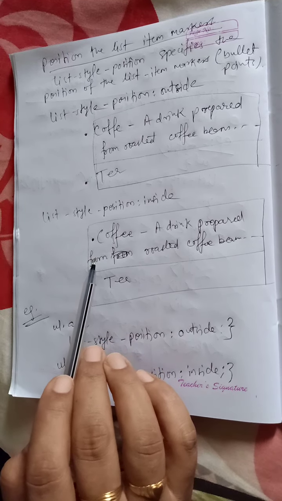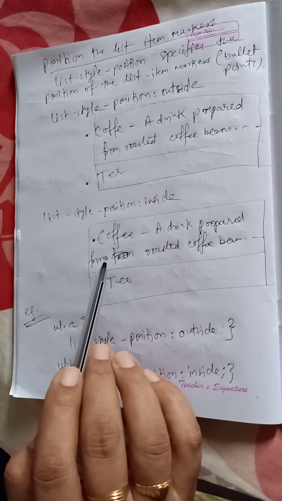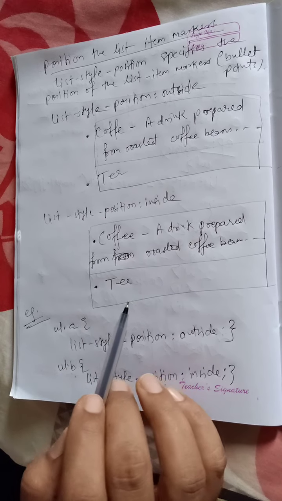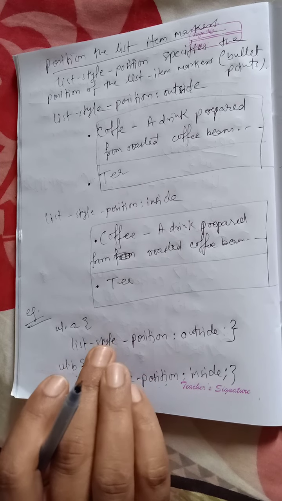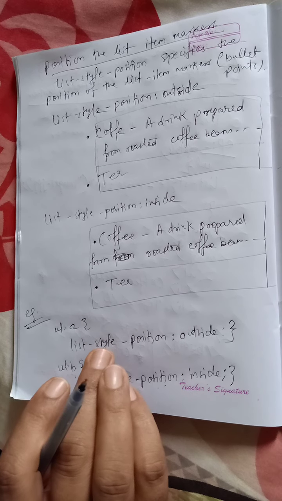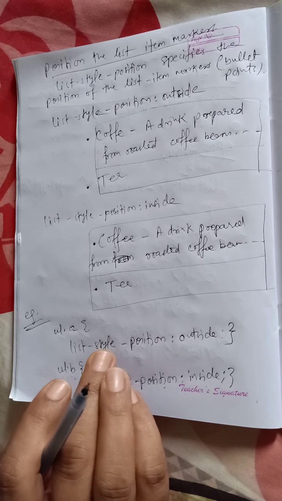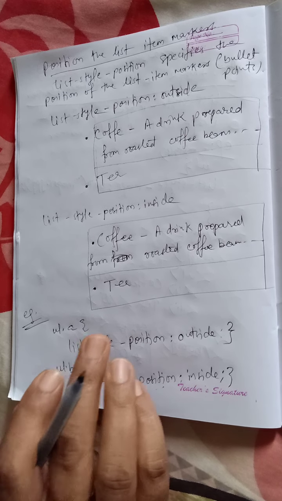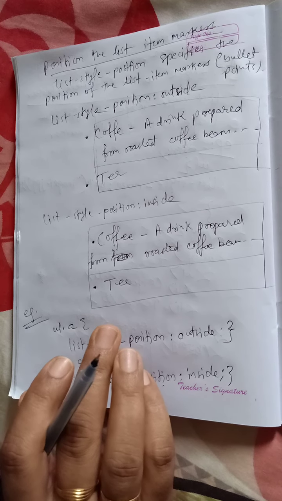So accordingly, we'll be having our outputs. Okay, now whenever list items are there, or any element you consider, they have their own default settings. Some default settings are already existing, already defined, so we can always change them.